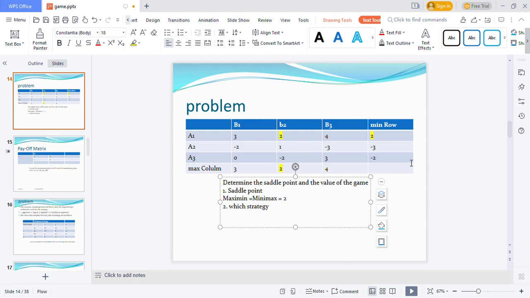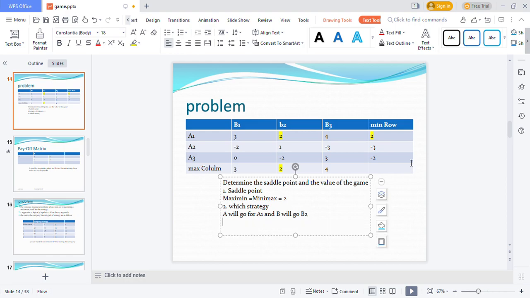The strategy employed here is that A will go for A1 and B will go for B2. That is the strategy which determines the saddle point. Player A will go for strategy A1 and player B will go for strategy B2.